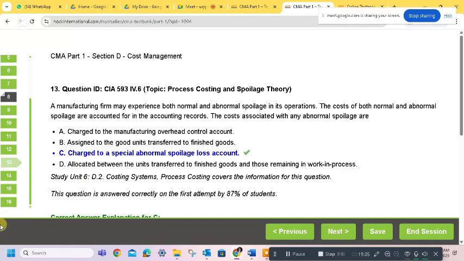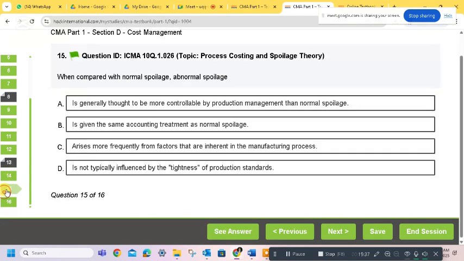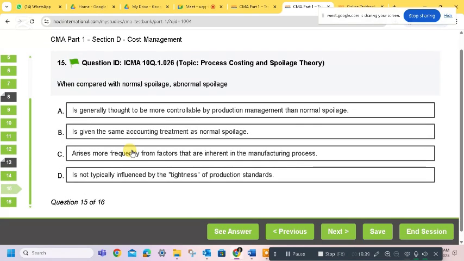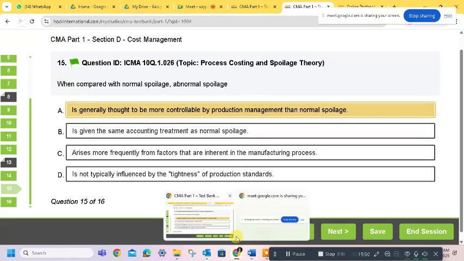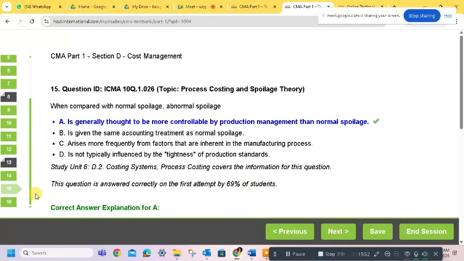Yes. A. Because normal loss is unavoidable.